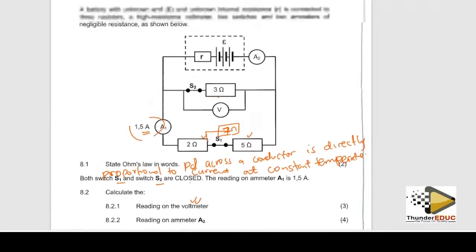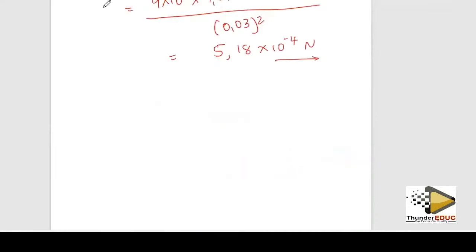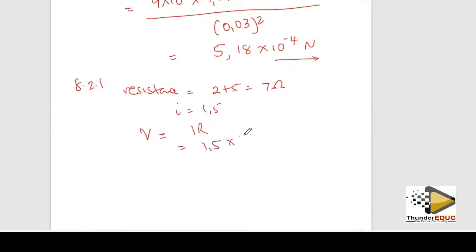So I can say, 8.2.1, the resistance at the bottom is going to be 2 plus 5, which we are getting as 7 ohms. And then the current is 1.5. We can get the voltage. V is equal to IR, and that is going to be 1.5 times 7.